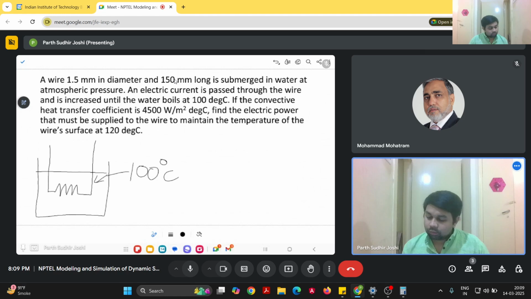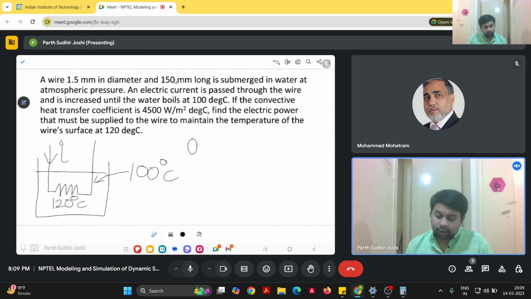So we have to find out the power that is being supplied to maintain the temperature of the wire surface at 120 degrees Celsius. So the wire is maintained at 120 degrees Celsius.